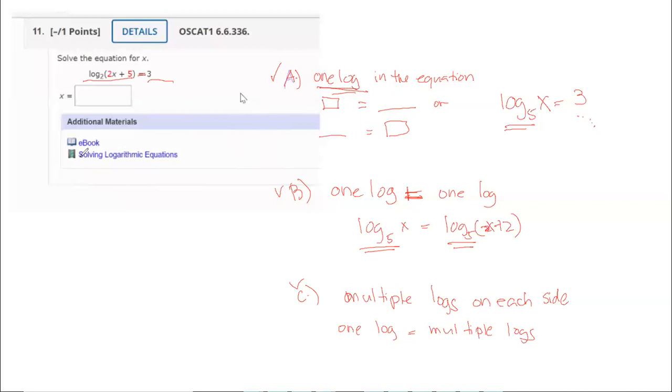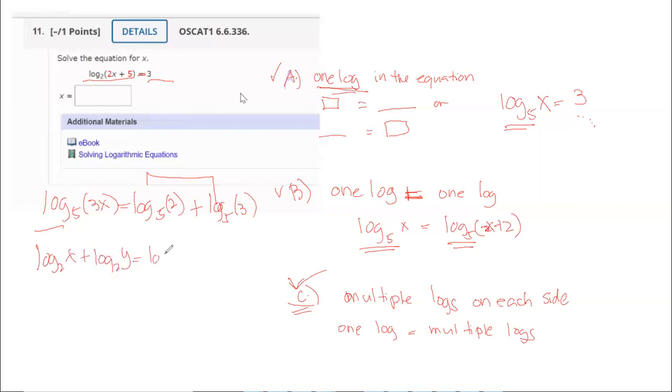If I give you another example, let's say log 5 of 3x equals log 5 of 2 plus log 5 of 3. This is one log and multiple logs, so that will be 3, I mean C. If you have log 2x plus log 2y equals log 2x minus log 3x, how many logs here?